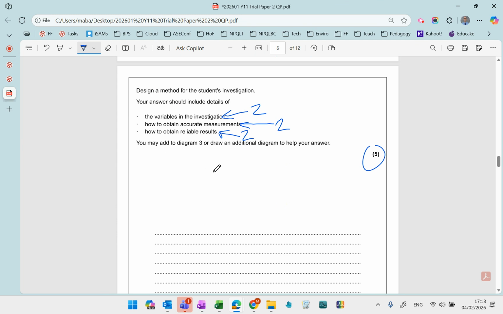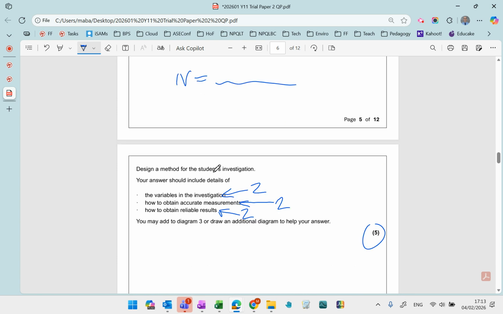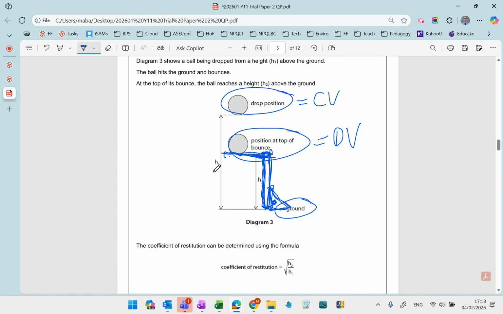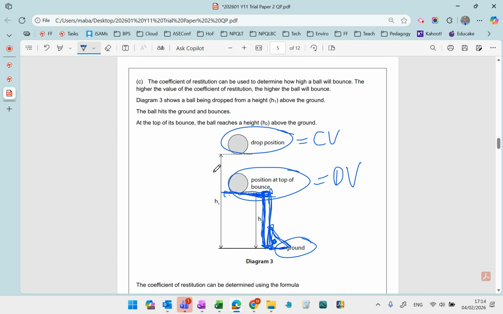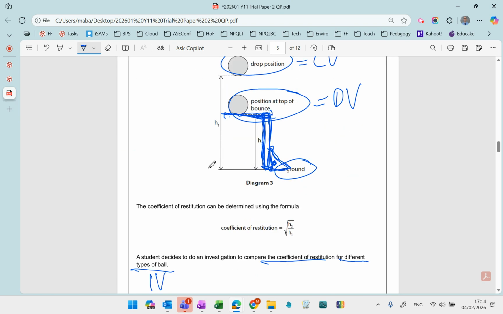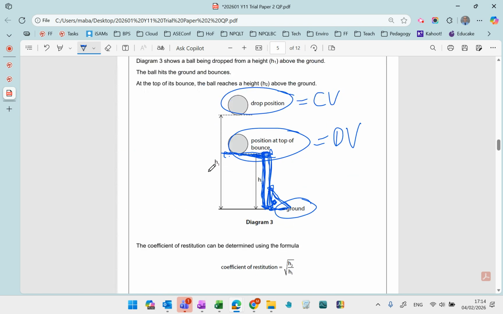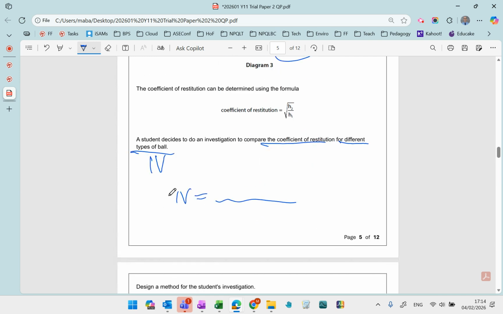And then how to obtain reliable results. We could talk about repeats, but the best answers talked about repeats from each height. Sorry, not from the same height. We're changing the ball, aren't we?